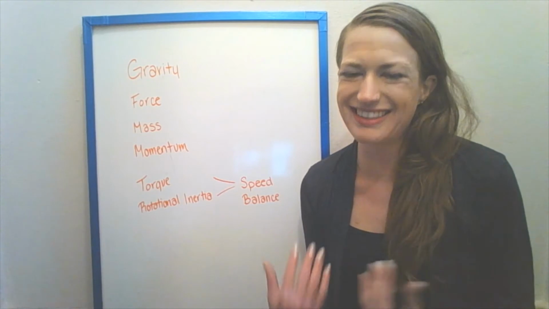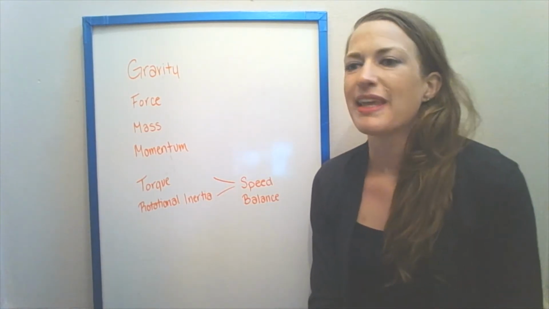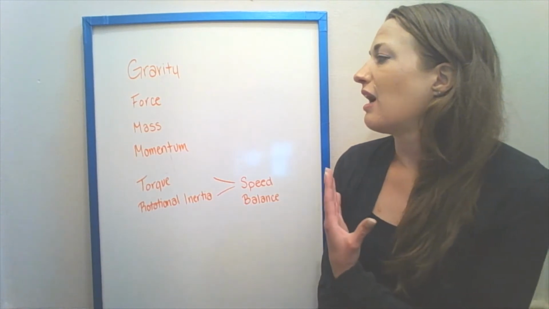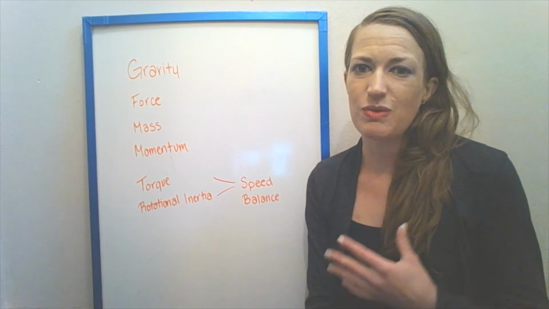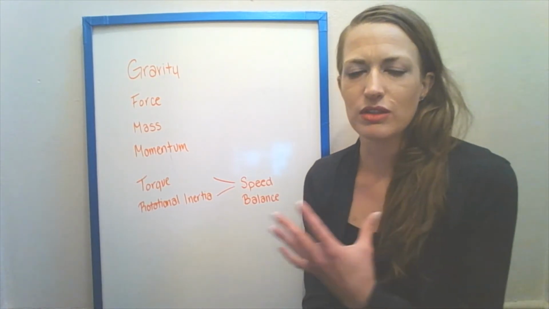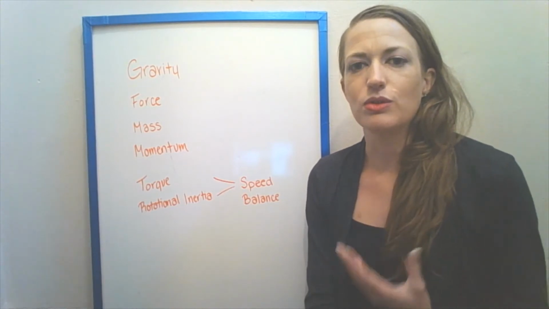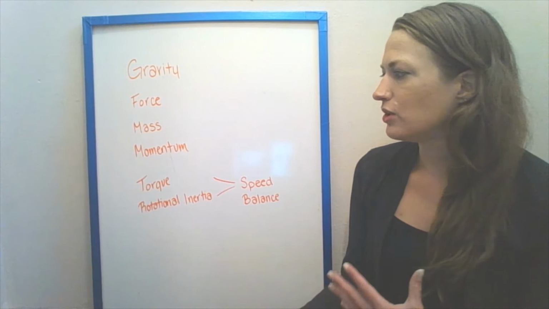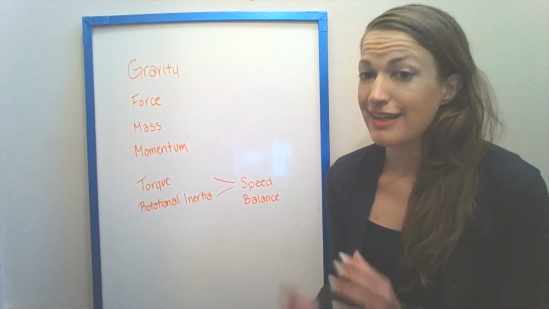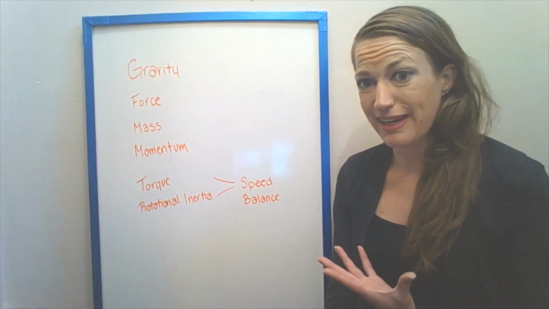We are mass, and therefore we need to know how to utilize that. We are creating momentum when we are turning, when we are jumping, when we're moving through the space. We need momentum to be able to be mobile. When it comes down to turns especially, torque and your rotational inertia come into play.